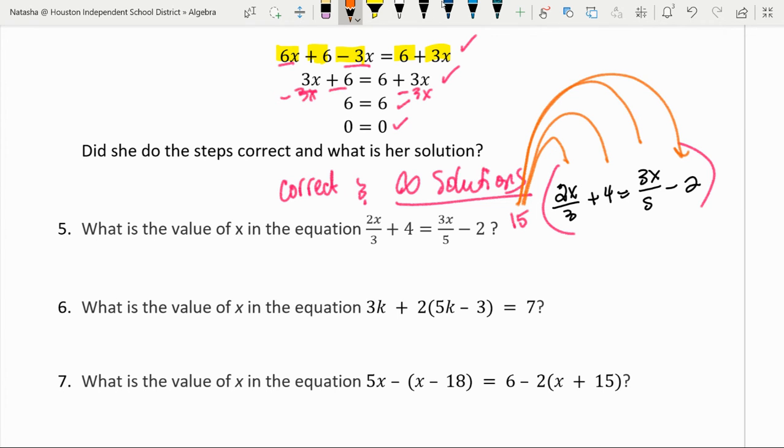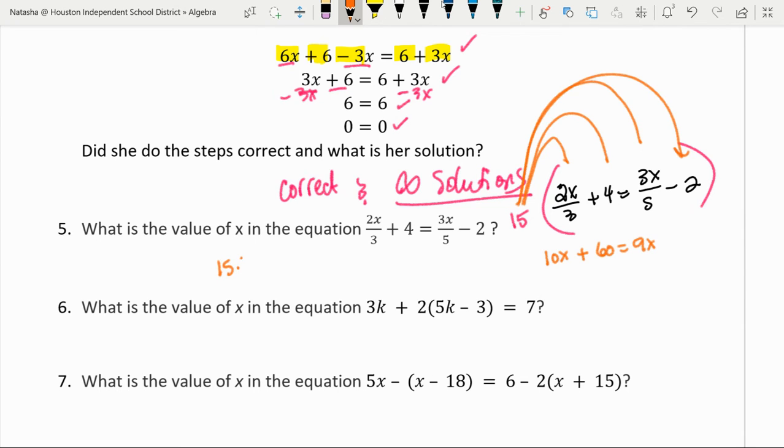So this should become 3 into 15 is 5 times 2, which is going to give me 10x, plus 15 times 4. 15 times 4 is going to give me 60. Then 3 times 3 is going to give me 9x because 5 into 15 is 3. Let me write it over here just so you can see this.